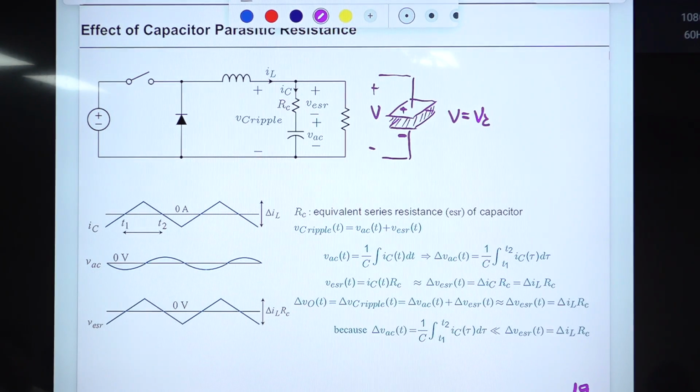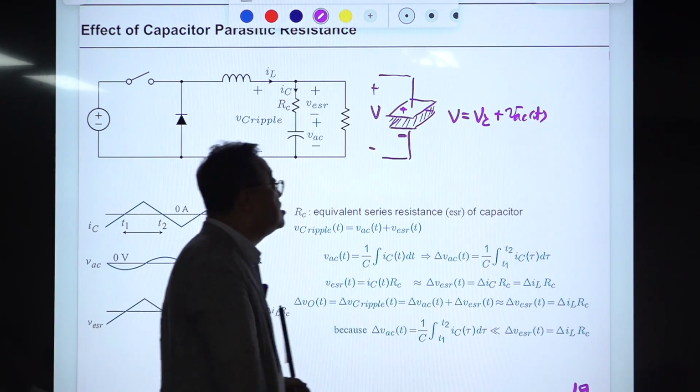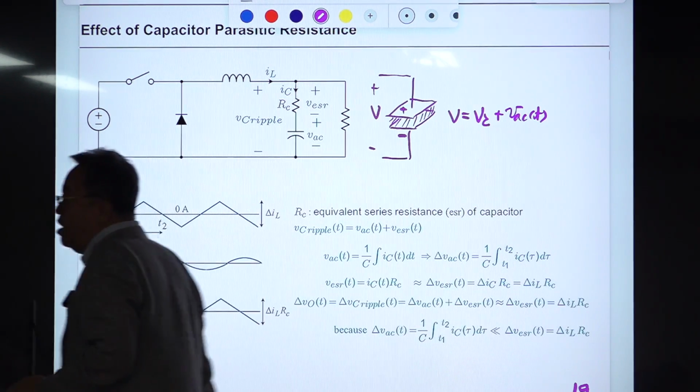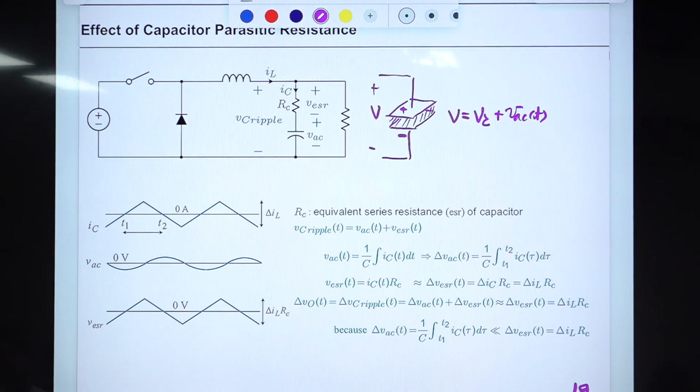Then, because of the AC component, it has VACT. We evaluate the peak to peak value of this, but in addition to that, there is additional voltage drop. Let me call it VESR. ESR. Okay?